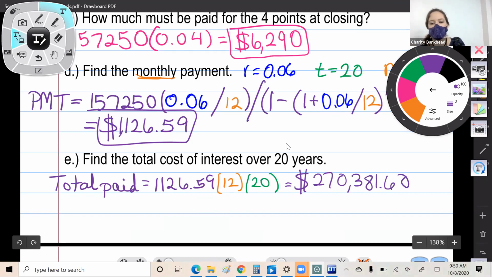Okay, so of all the payments that you're paying over those years is $270,381.60. So let's subtract from that the amount that you actually borrowed, and that's your interest.